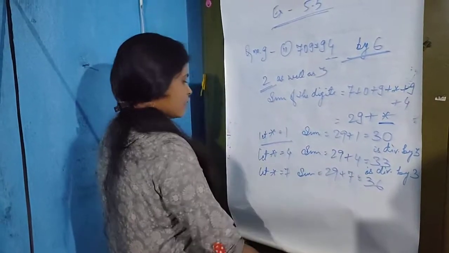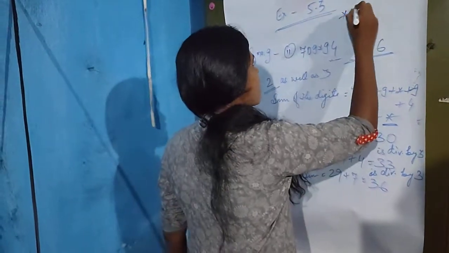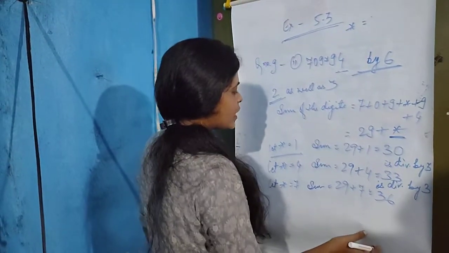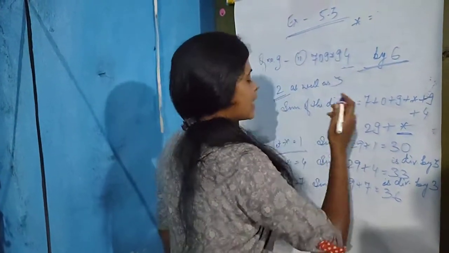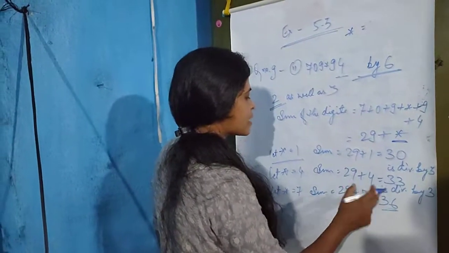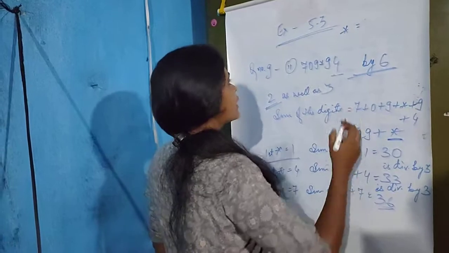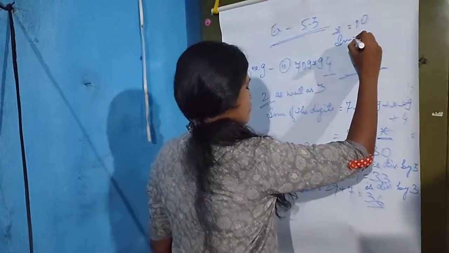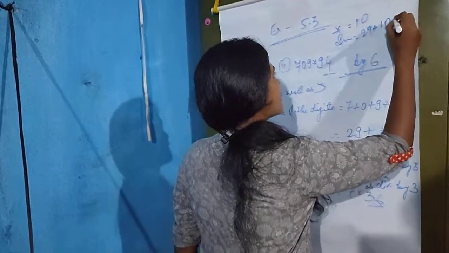Now proceed further. What will you take so that it is divisible by 3? If here the sum is 39, then that number is divisible by 3. So if you take 10, the sum is 29 plus 10, that is 39.